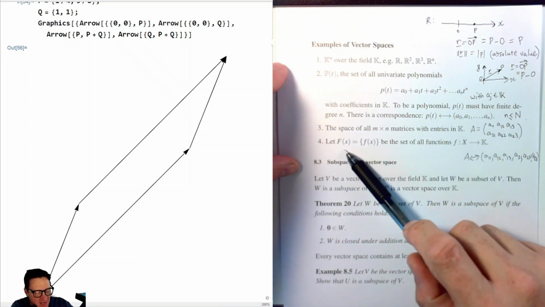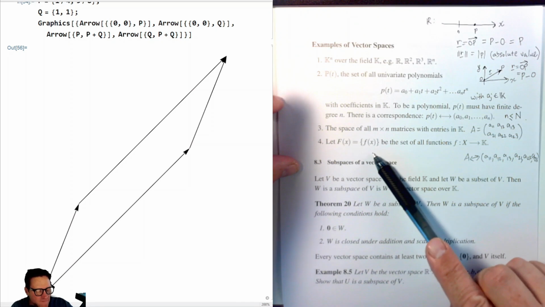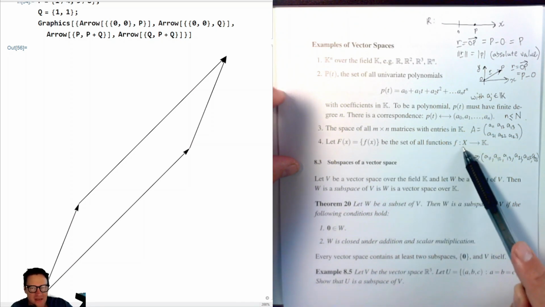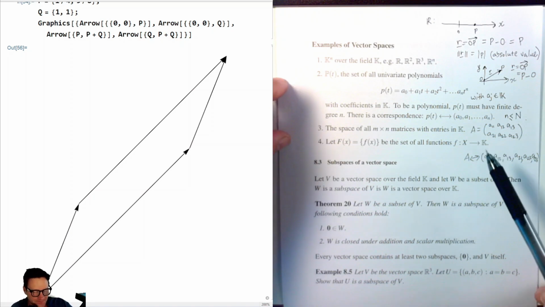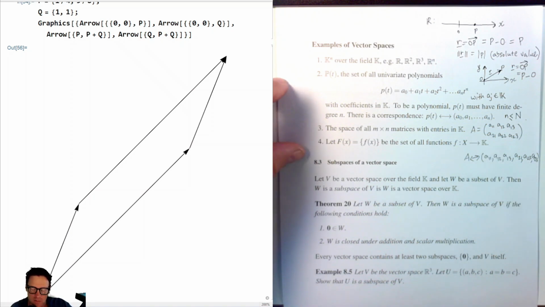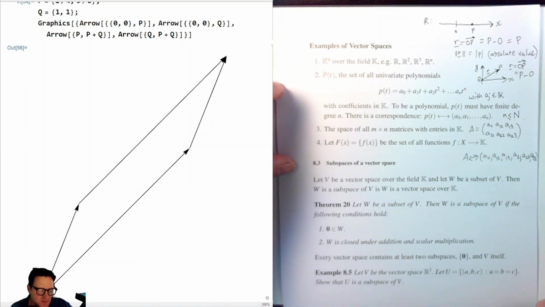Okay, let uppercase F(X) be the set of all functions sending the set X to the field K. So this forms a vector space also.